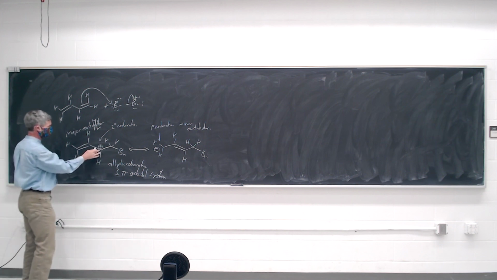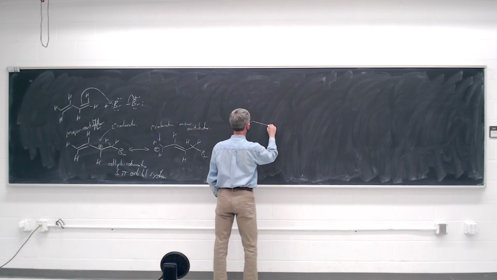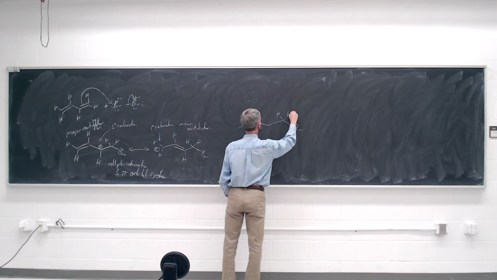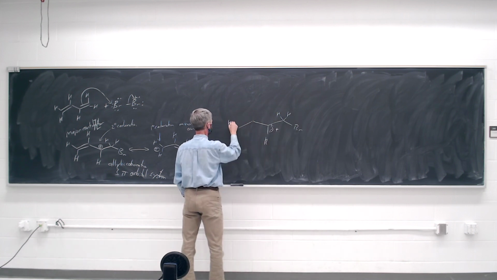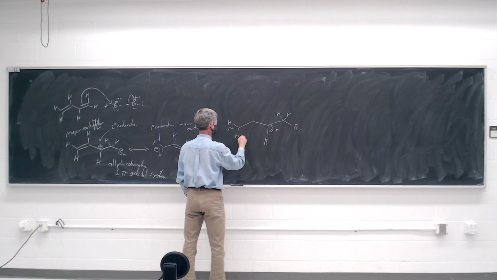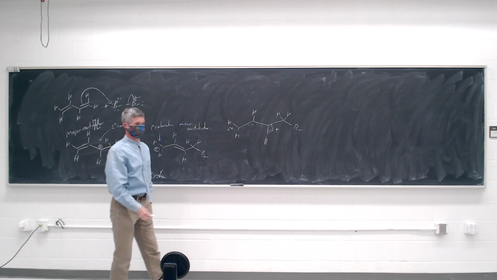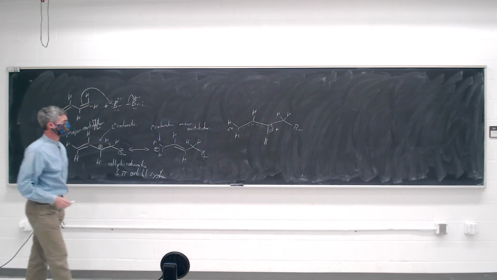So there's more positive charge on this carbon than there is on that carbon. If I were to draw this system out and indicate the positive charge with partials, I have a bigger partial positive there, and a smaller partial positive here, and I've got my pi electrons interacting across all three nuclei.